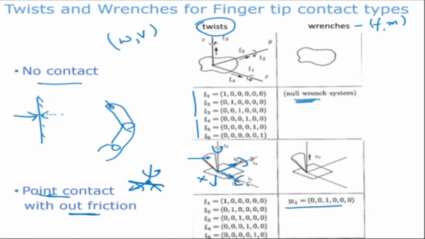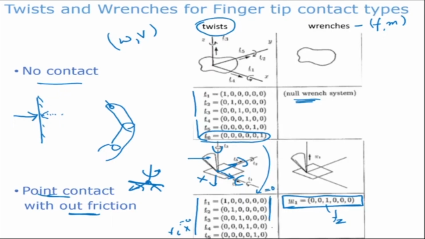So we can have only one wrench, which is about the z-axis. So this is my z-axis, Fz. It can apply force only in one direction, and it cannot apply forces or moments in any other direction. In terms of twists, it has 5 twists. It cannot move in the z direction, so that T6 which we have seen is equal to 0, and the remaining 5 are there.